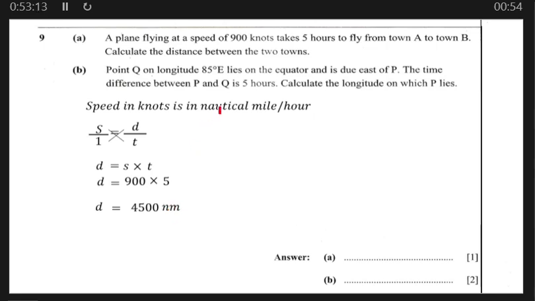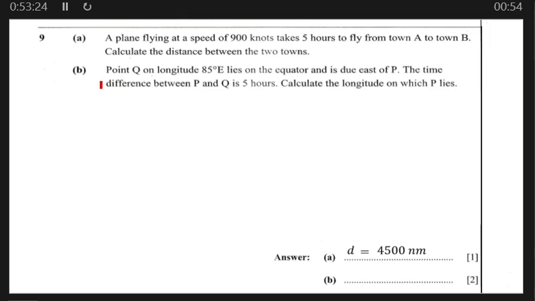NM is the abbreviation for nautical miles. So the distance is 4,500 nautical miles.